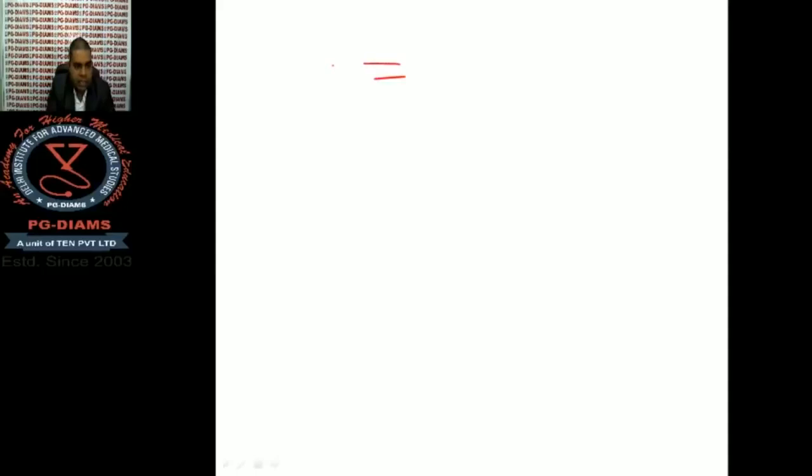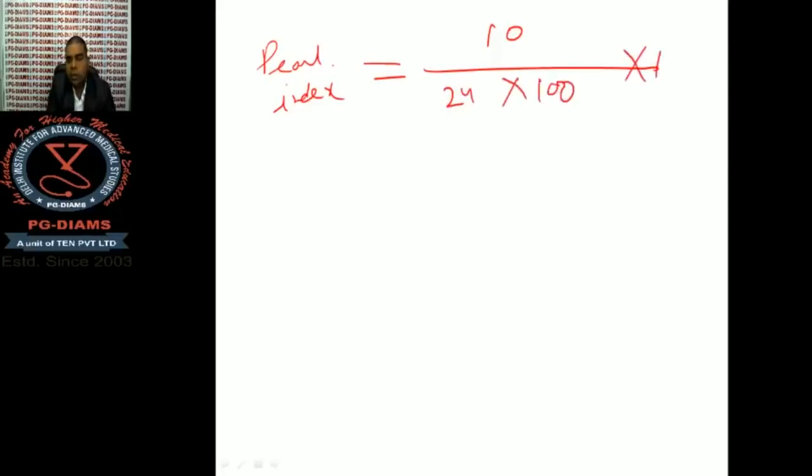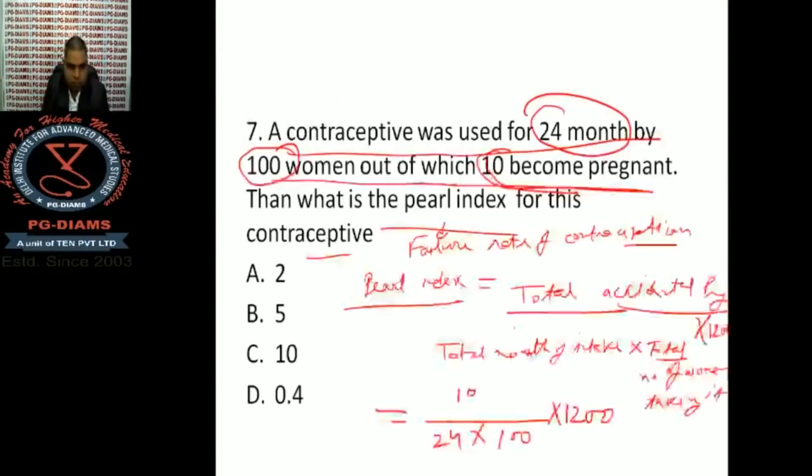Pearl index is total accidental pregnancy divided by total months of exposure, divided by total women taking it, into 1200. So 24 and 12 get cancelled by 2, 2, 10, 5, 20 with 20. So the Pearl index will be 5. The answer to this question will be 5. Very simple.